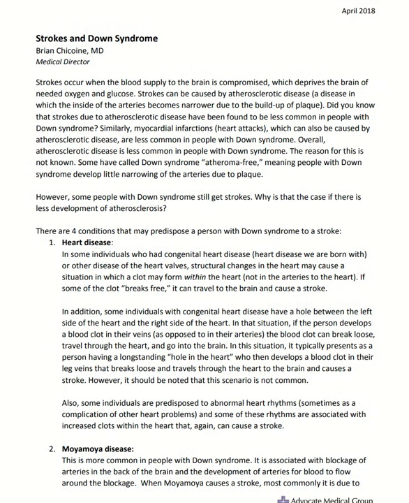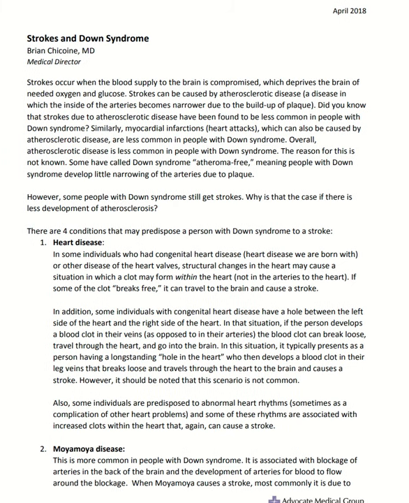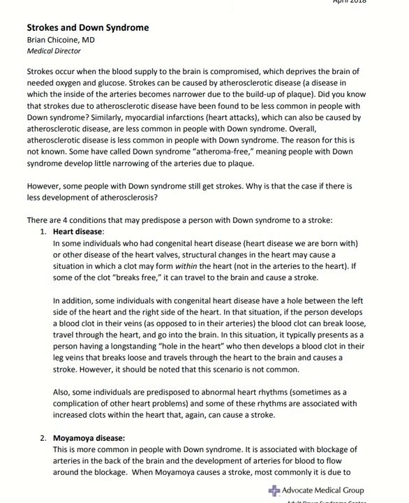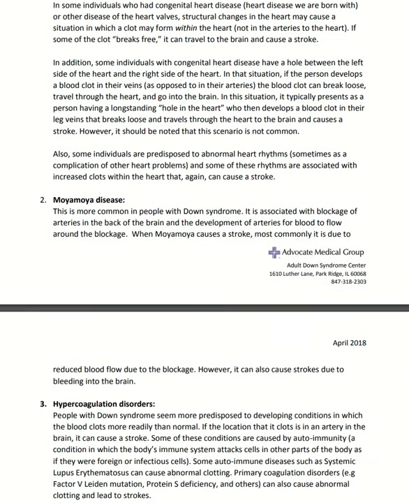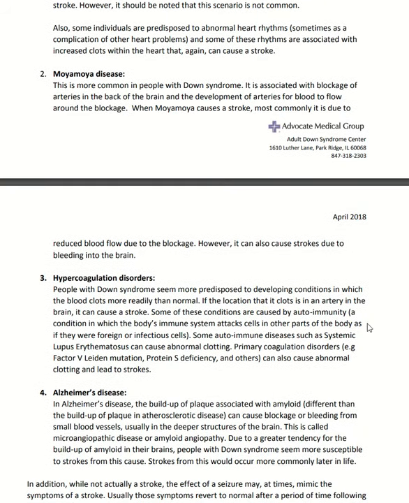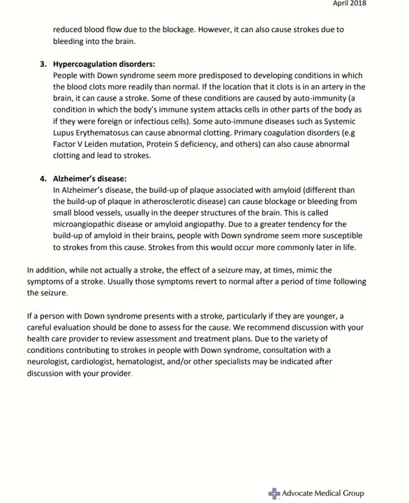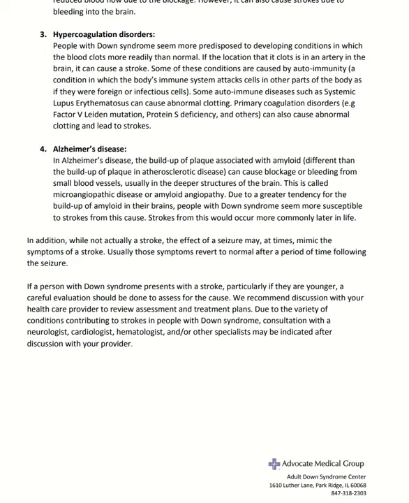So why the predisposition? What are the risk factors in Down syndrome which make a person more likely to get stroke? So these are the four things. One is heart disease, another is moyamoya disease, which I talked about the possibility of, then hypercoagulation, and Alzheimer's because of the buildup of plaques. Mostly in children you will have this.